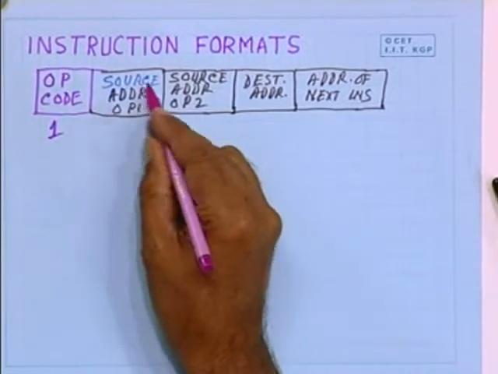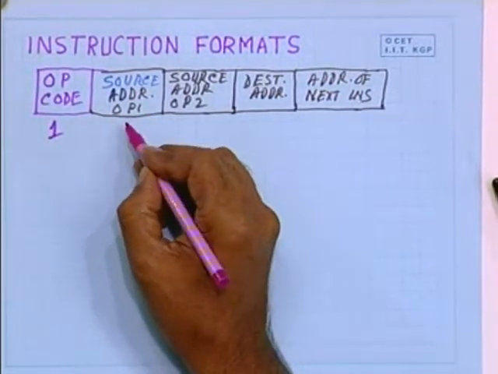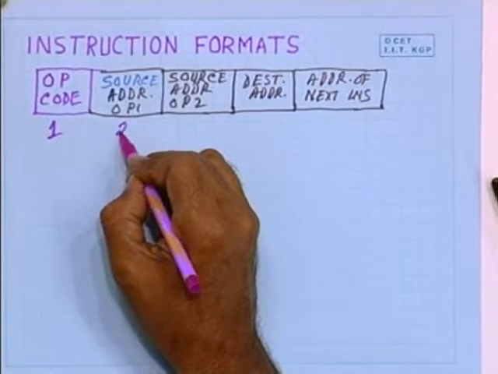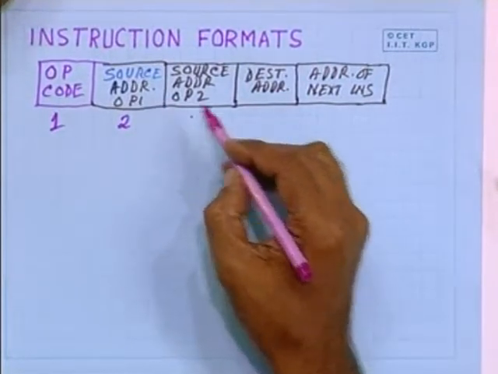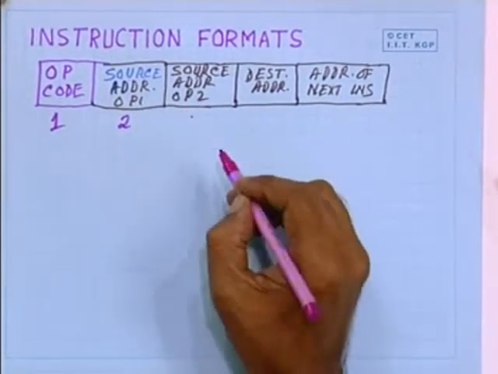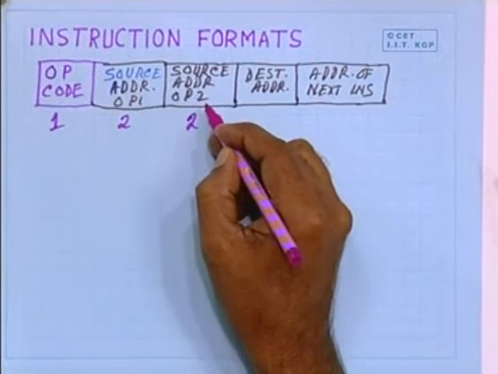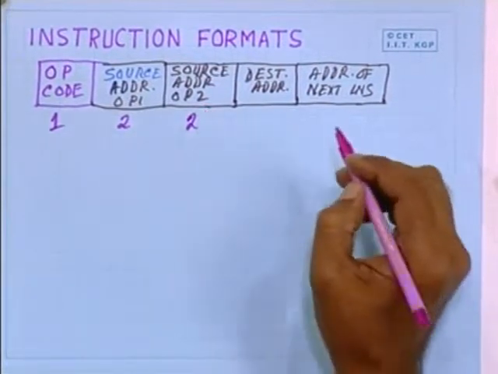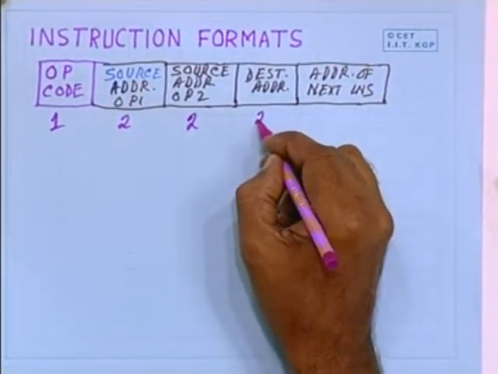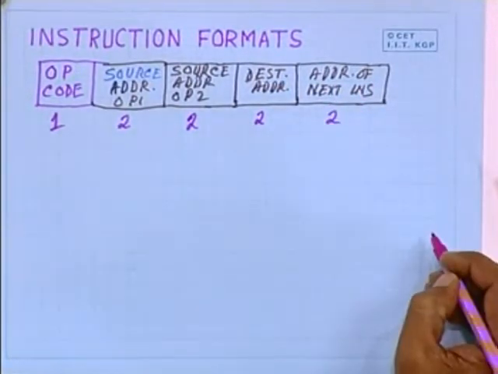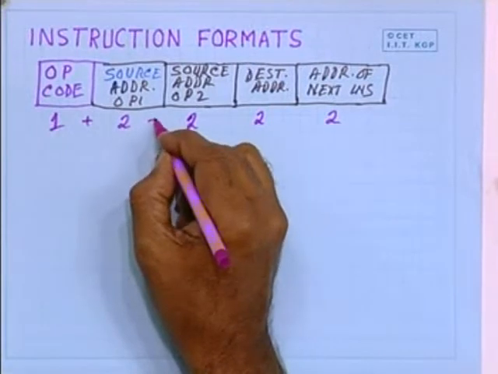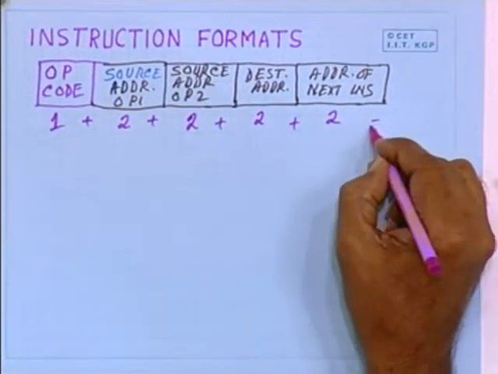Source address, as you have seen, for 8-bit microprocessors, the address size is 2 bytes. So you will require 2 bytes to explicitly specify the source address of operand 1, then 2 bytes for the source address of operand 2. Destination address also will require 2 bytes. Address for the next instruction will also require 2 bytes. So altogether it comes to 9 bytes.